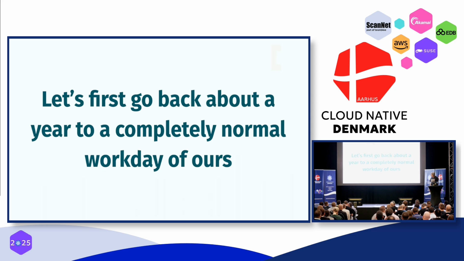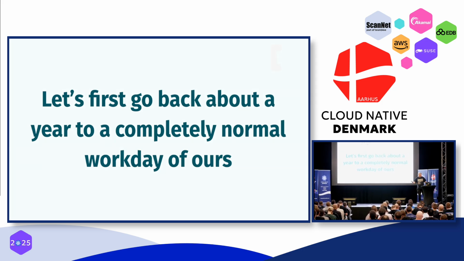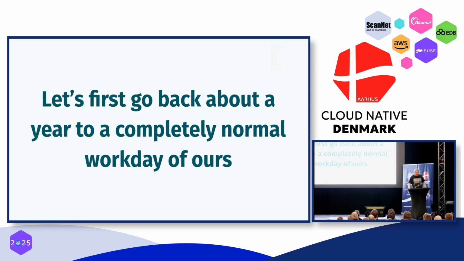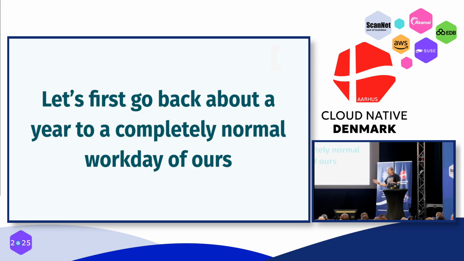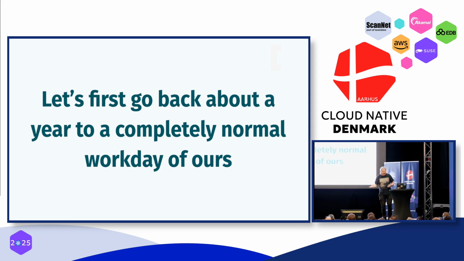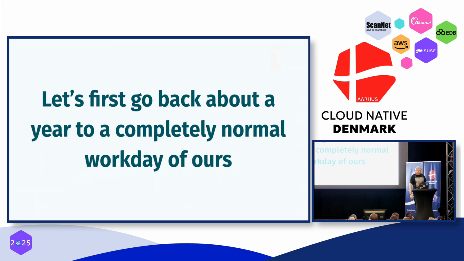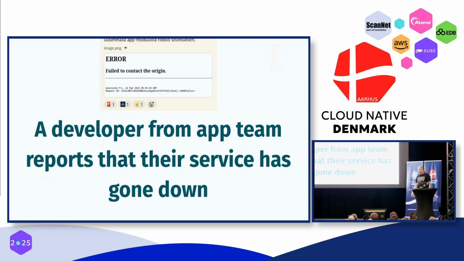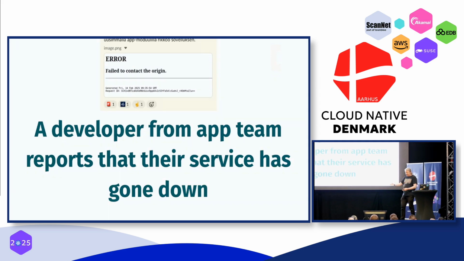But first, we will go back about a year to a completely normal workday of our company. There were no events, no global outages or anything going on. And there was this message to our support channel from a developer, from one of our app teams, that their service had gone down. It didn't respond.